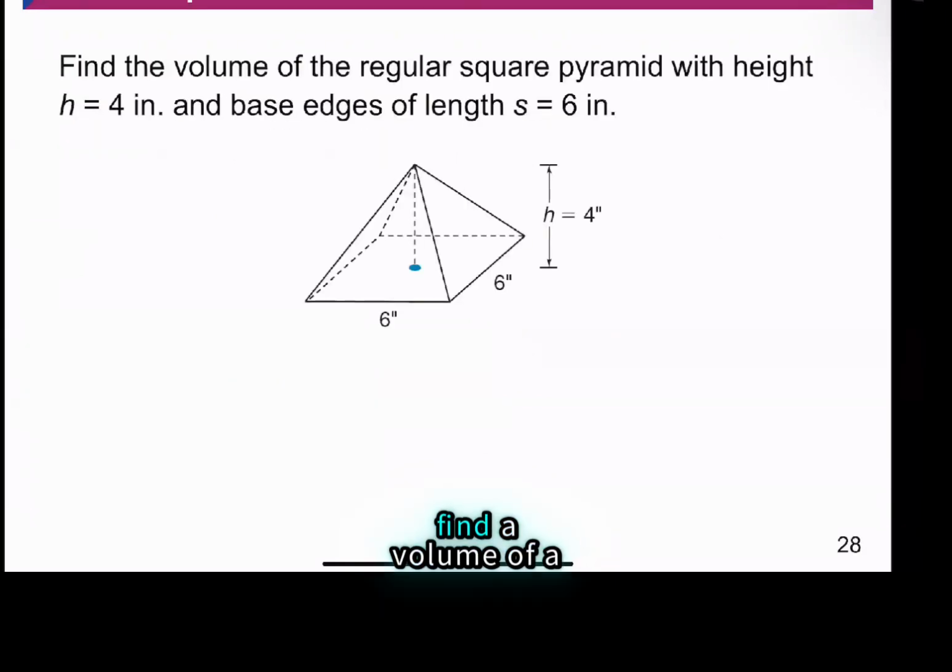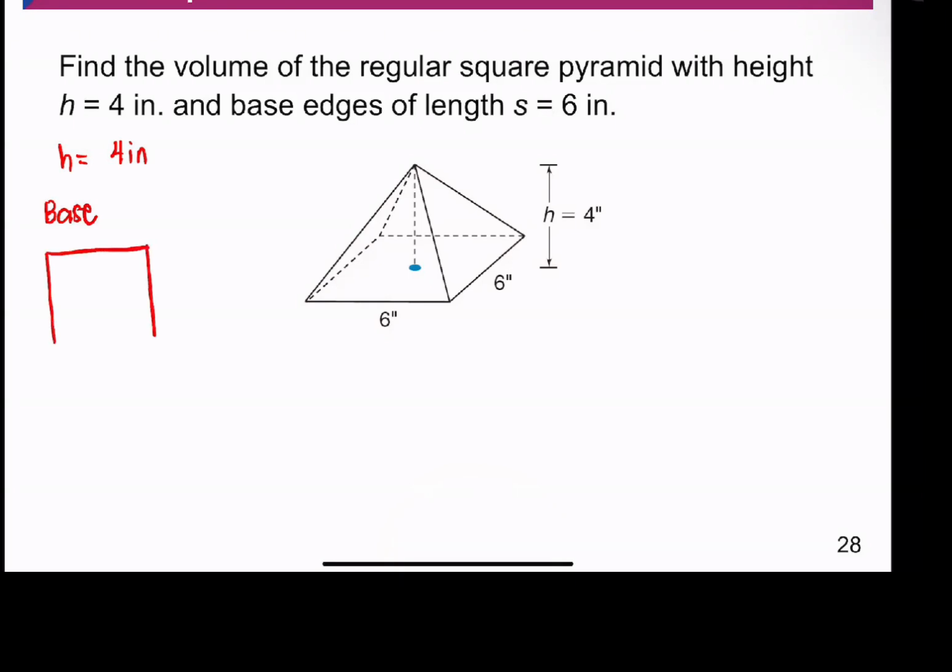For example, find the volume of a regular square pyramid with height 4 inches and base edges of length s equal to 6 inches. So we are given the height equal to 4 inches and the base is a square of side 6 inches.